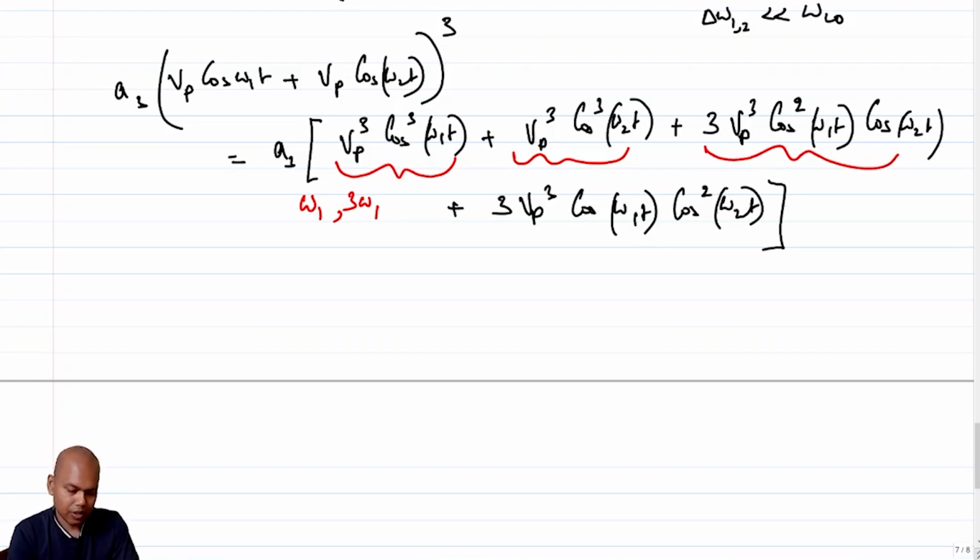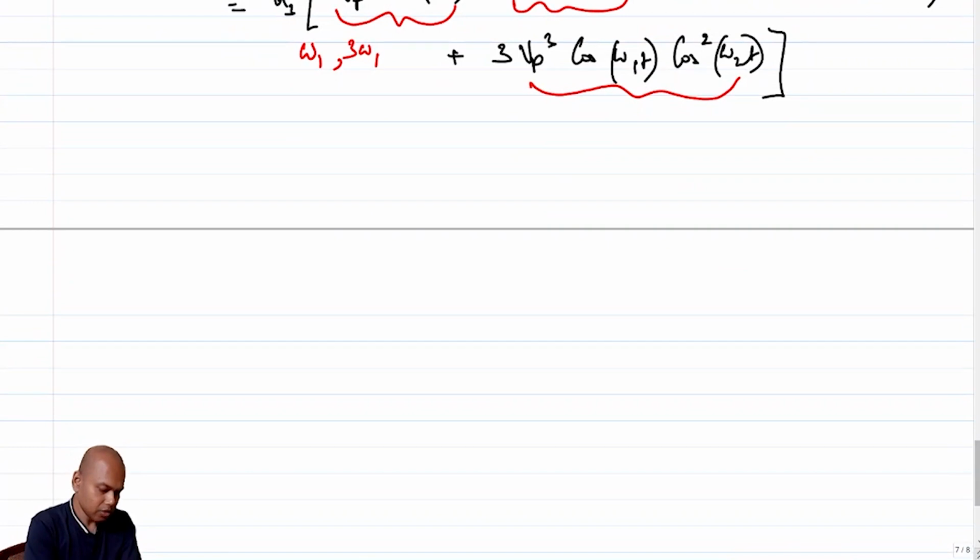Let's look at this term, because this is right at the bottom, right? So what will that term give me? That will give me 3a3 Vp cube.